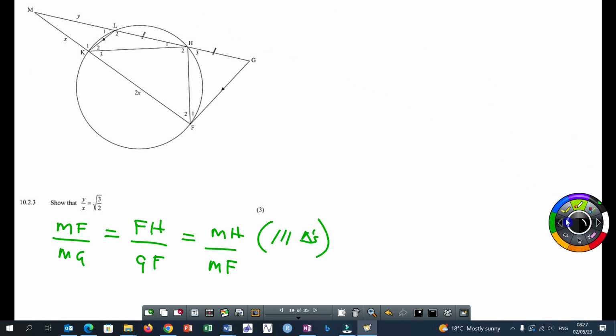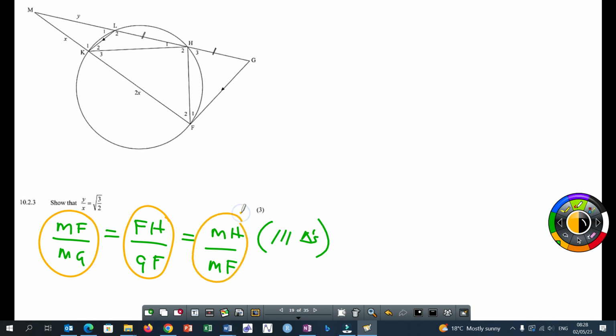So if I start with MF, I've got 3x. Then I've got MG, which is going to be 3y. So this one here, I could take that. Then I've got this one here and that one.